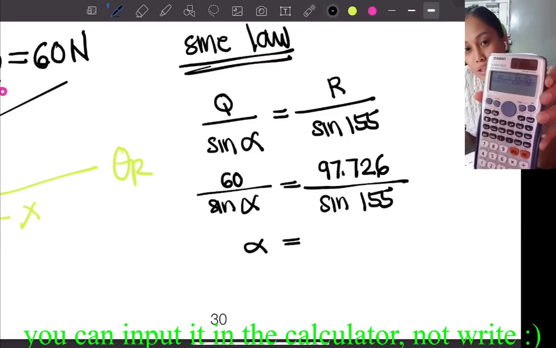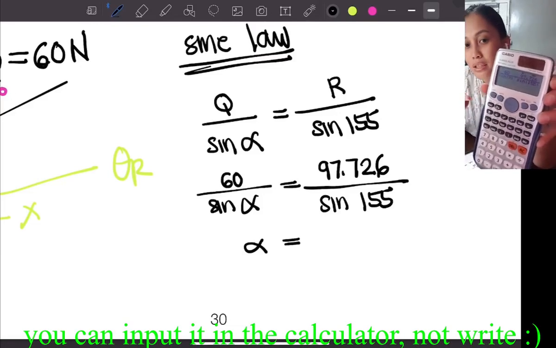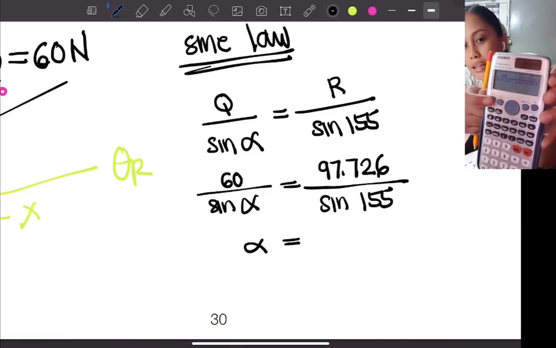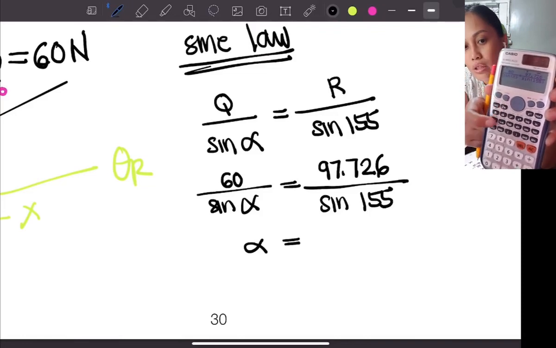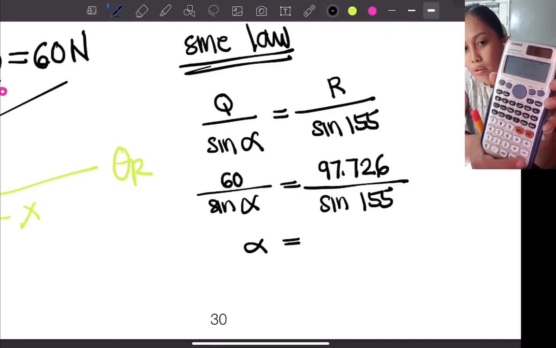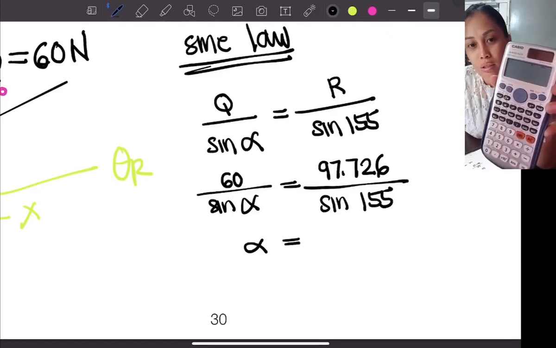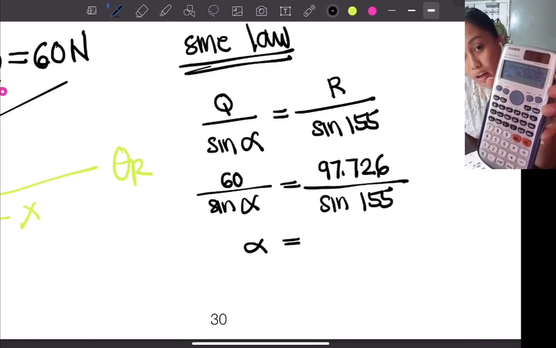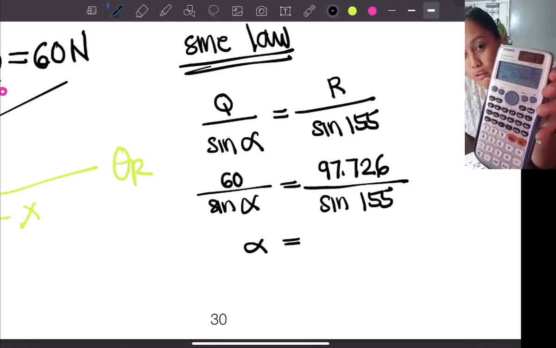If you have the same calculator as mine, click shift and solve, then equals. You will get a value of alpha, which is 15.039.